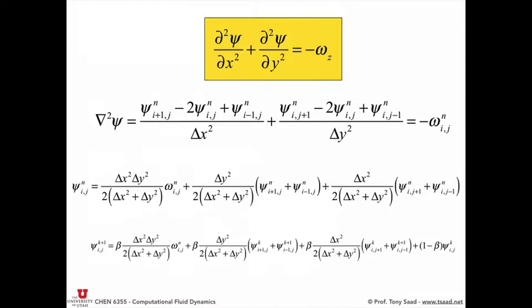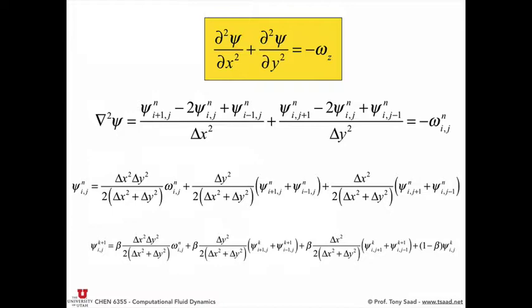And then we have a minus 2 over delta x squared plus 1 over delta y squared, times psi ij.